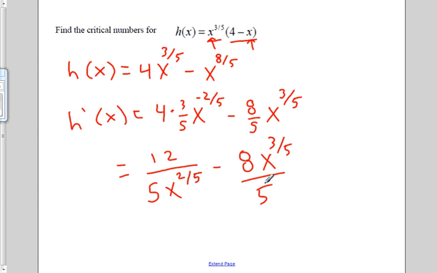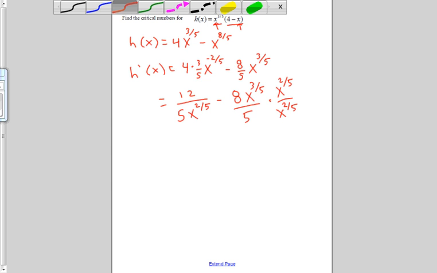Well, now we need to get a common denominator. So I'm going to need to multiply this by x to the 2/5 over x to the 2/5. And by doing that, now I have a common denominator. And we can add this fraction and simplify it a little bit.